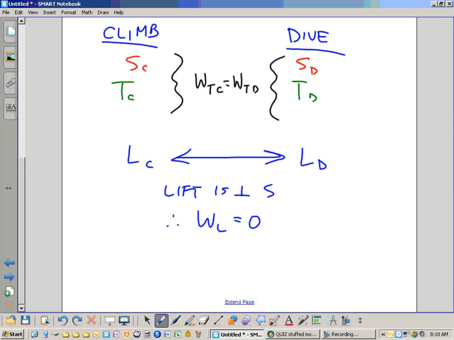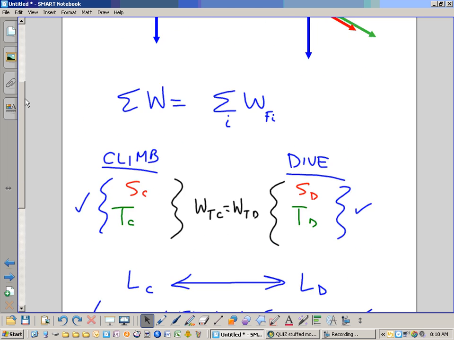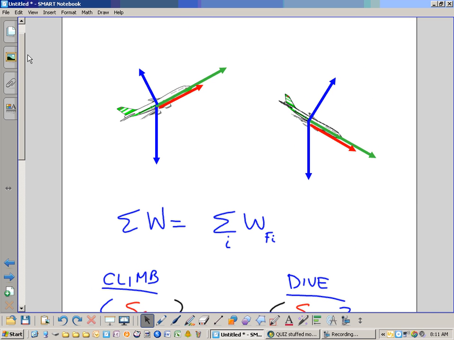So the work done by the thrust is the same in each case. The work done by lift is the same in each case. So the only difference we're going to see here is based on the work done by what? Gravity, the gravitational force, or the weight of the plane.